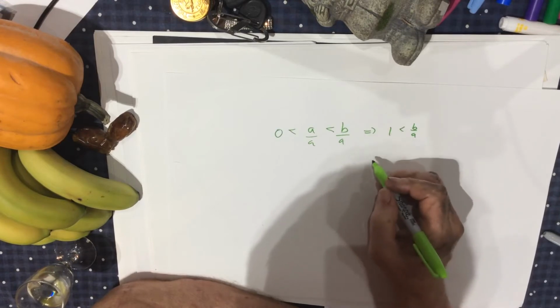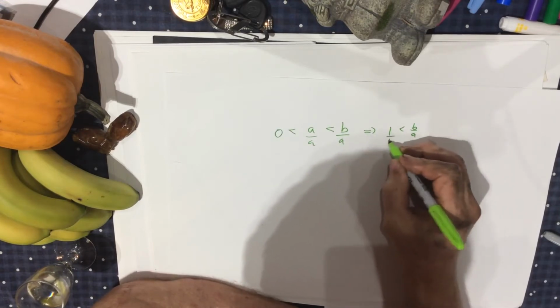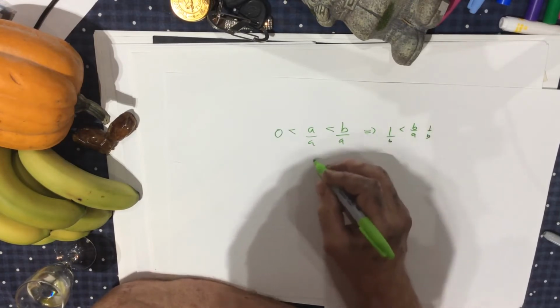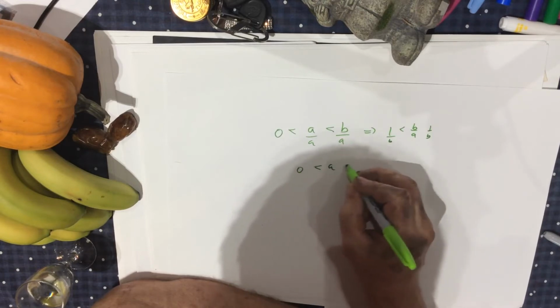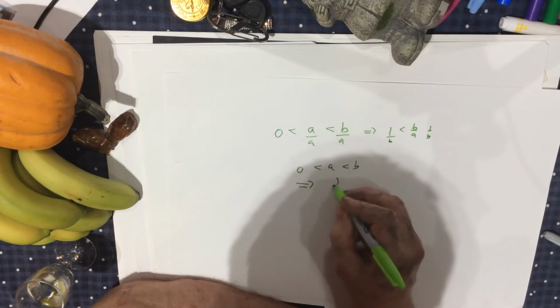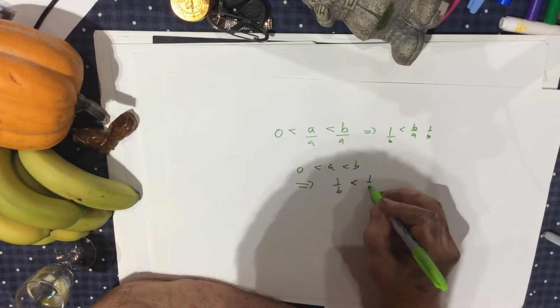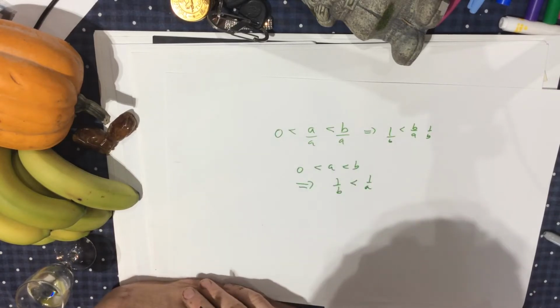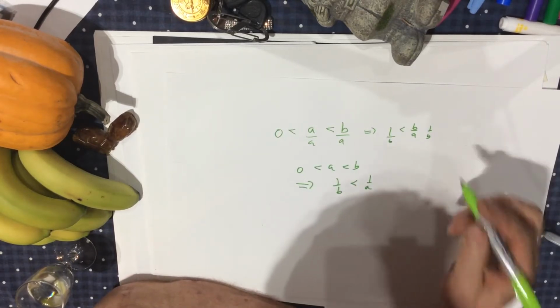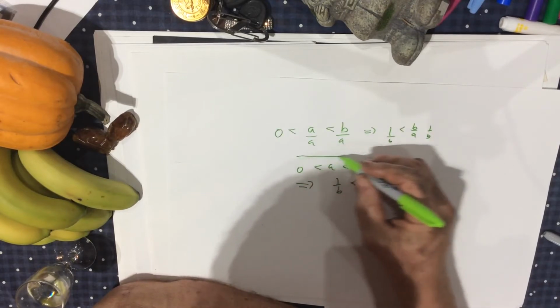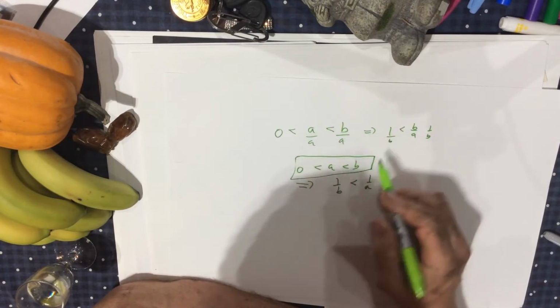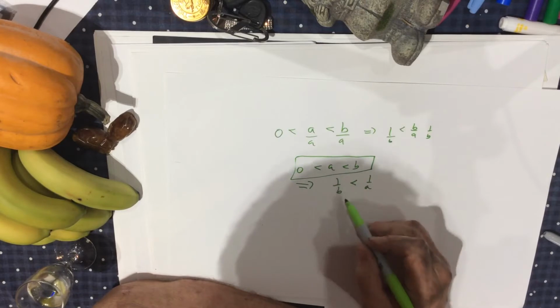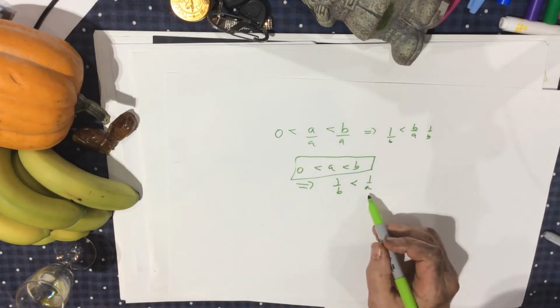Now if I divide both sides by b, because it's positive, it doesn't change. And so 0 less than a less than b says 1 over b is less than 1 over a. Well, that's interesting. When you have bigger numbers, their reciprocals are smaller.